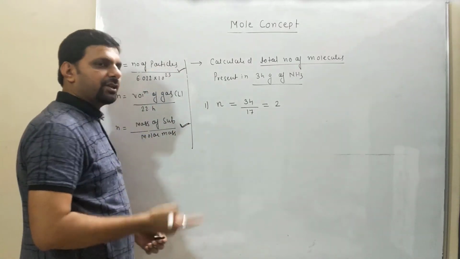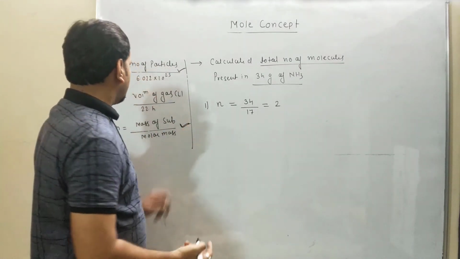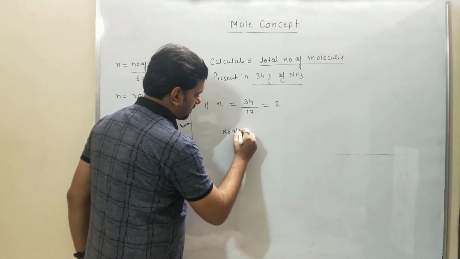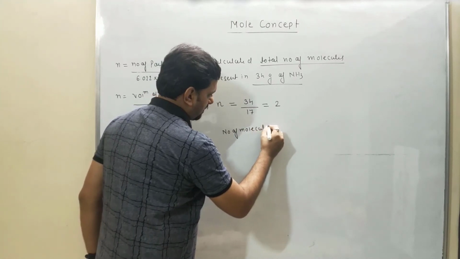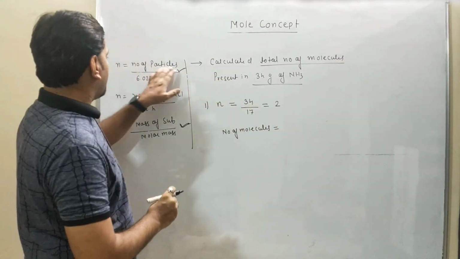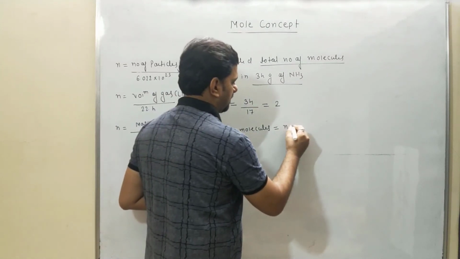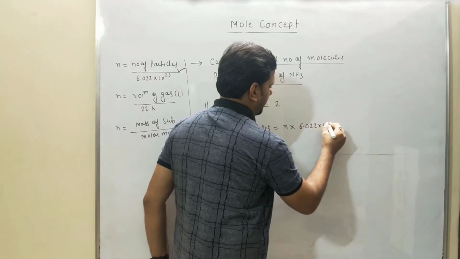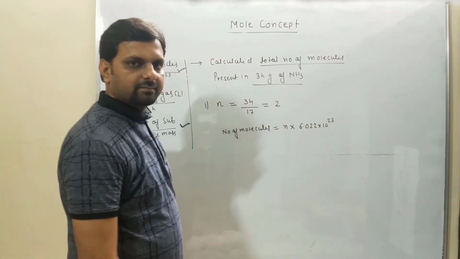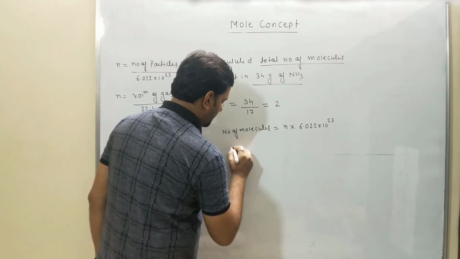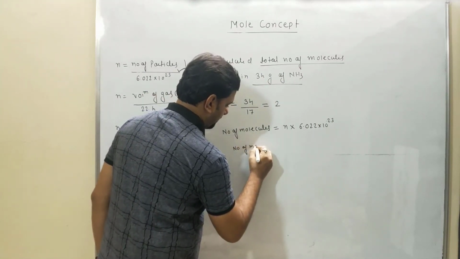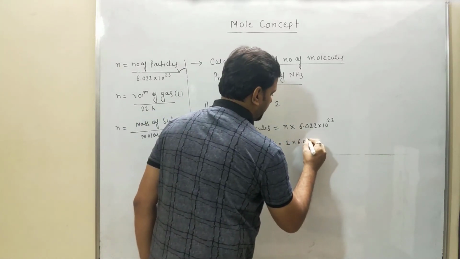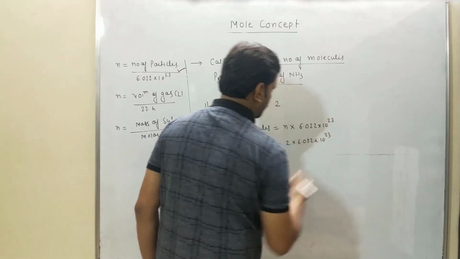Here, number of particles. These particles may be molecules, atoms or ions. So now number of molecules equal to n multiply by 6.022 into 10 raised to 23. So number of molecules equal to, what is n? 2 multiply by 6.022 into 10 raised to 23.